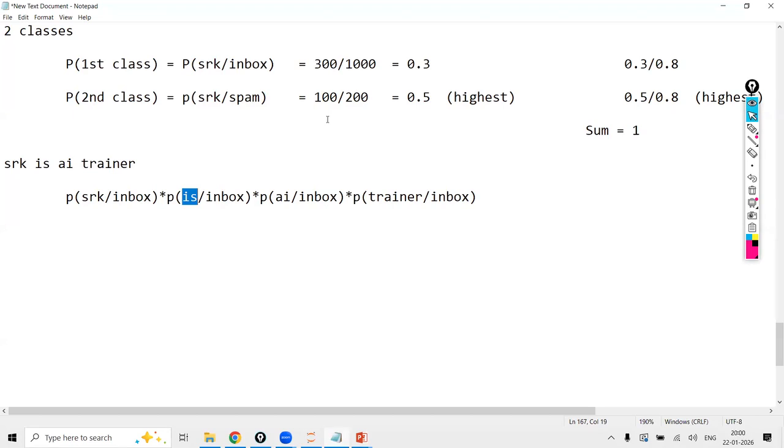That is the point. I'm asking within the total inbox, how many are there? First, you calculate the total in the inbox, and then you tell me the probability. Point is clear? Everyone, understood or not? Yes or no?